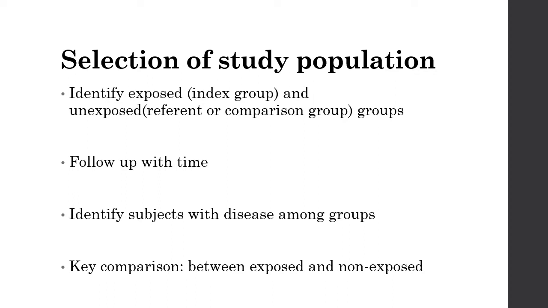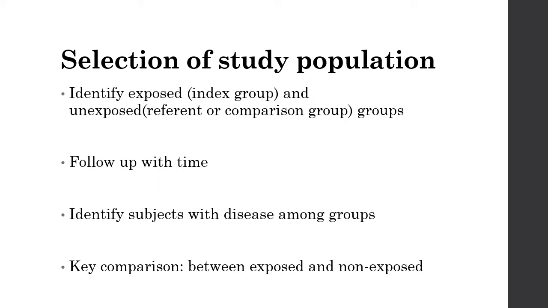And then what we do is that we follow them up in time and we wait for the outcome of interest to occur among both groups, and we will be documenting that occurrence until the end of the study.